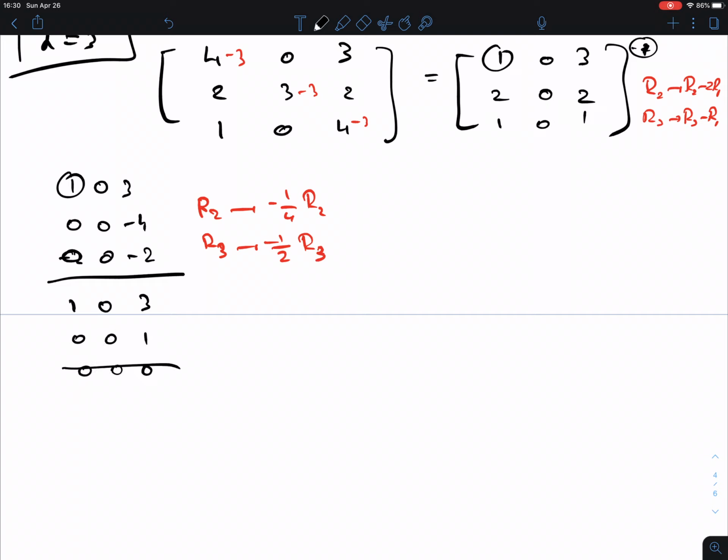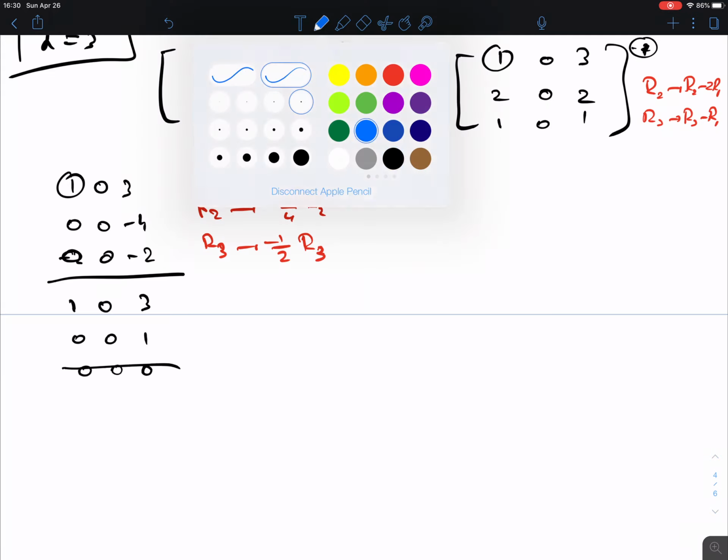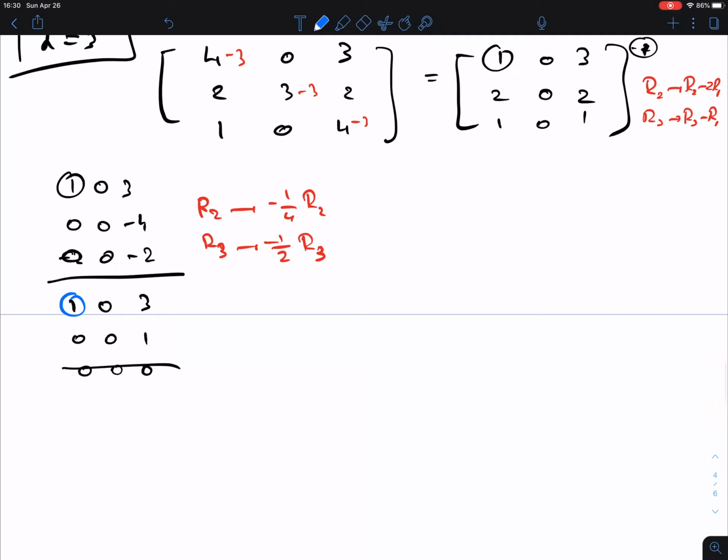Now, I can work further, but it's not necessary. To answer the question, I already know what my pivots are. It's not reduced form, but I know my pivots. So these are the pivot variables, x1 and x3, sorry. These are the pivot variables. So we have one free variable, that is x2. But one free variable means one basis element. That's not enough.